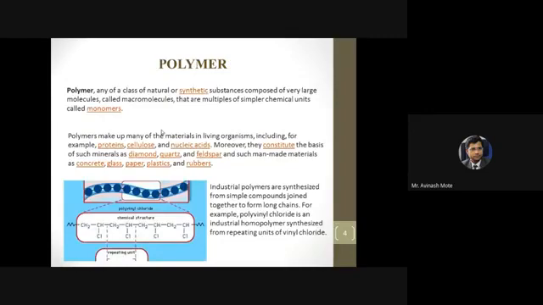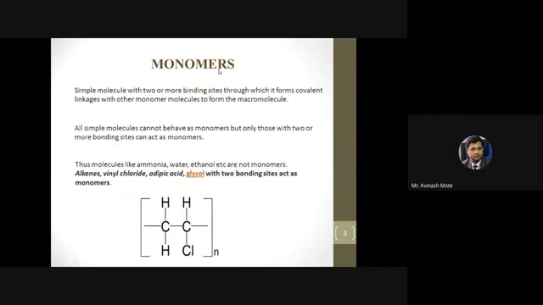Second part, the polymer. Now you understood the monomer. Poly stands for multiple, mer stands for unit. It was a monomer, this is a polymer. When a number of monomers come together to form a chain, how is the chain formed?